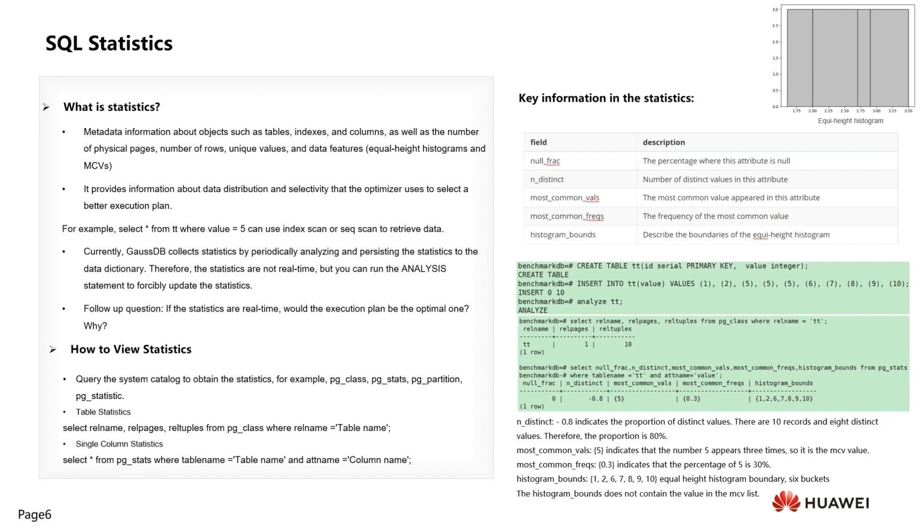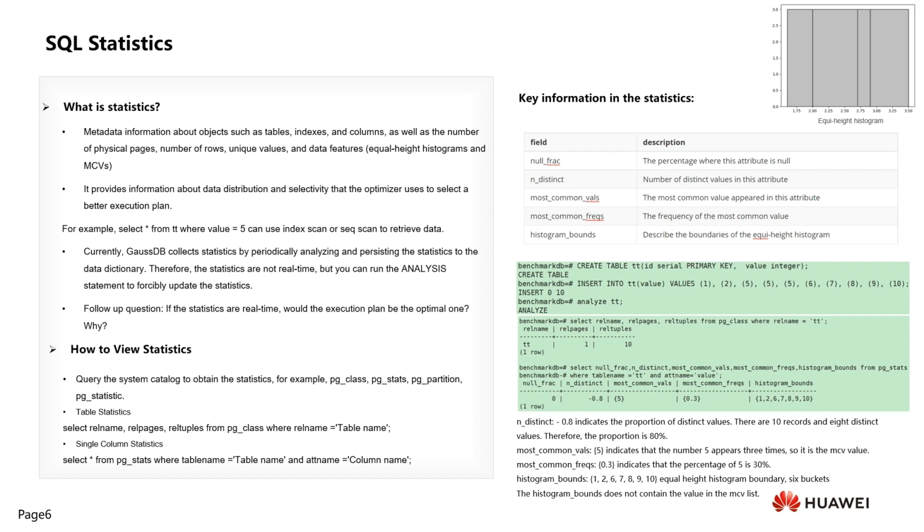Now, since the statistics are so important, how can we possibly view them? We can view these by querying the following system catalogs. For instance, PG_CLASS, PG_STATS, and so on. Here we provide two examples.